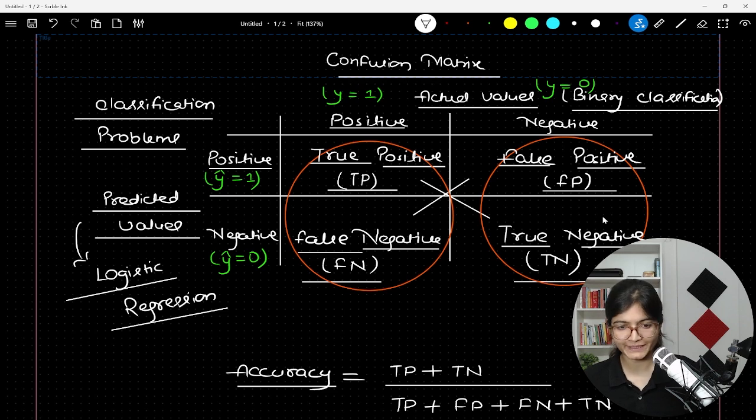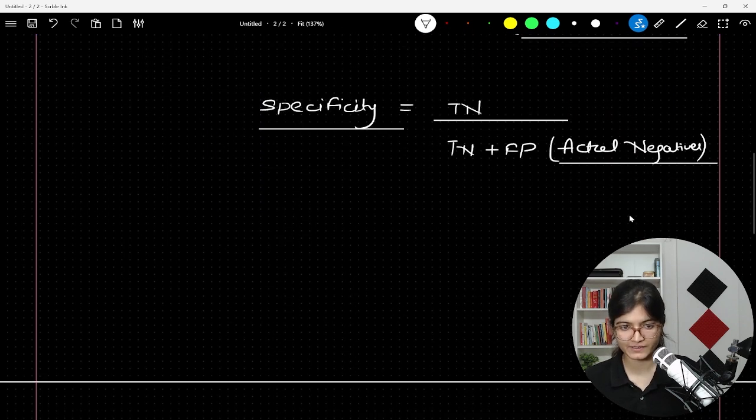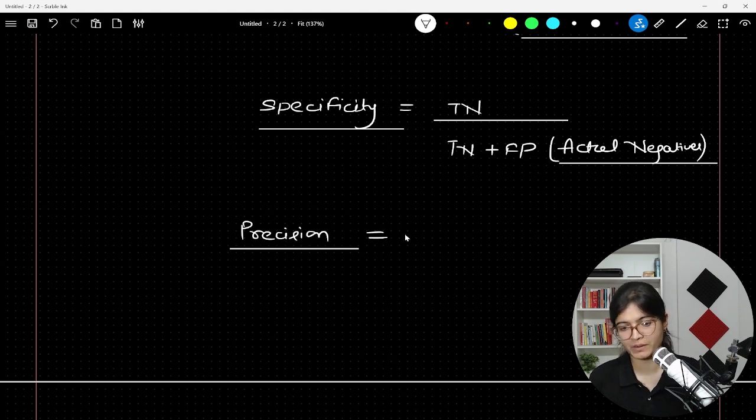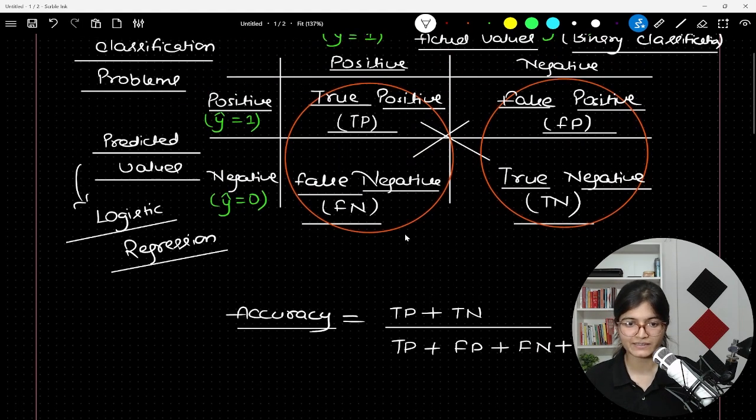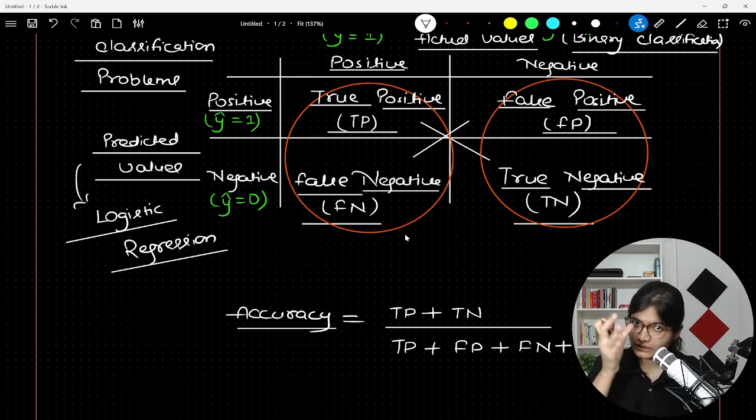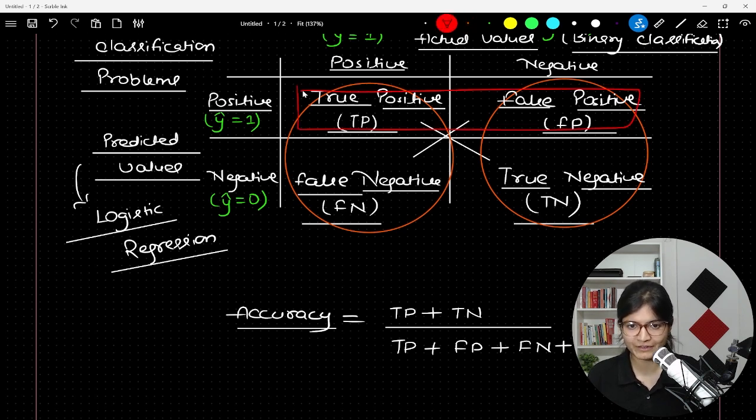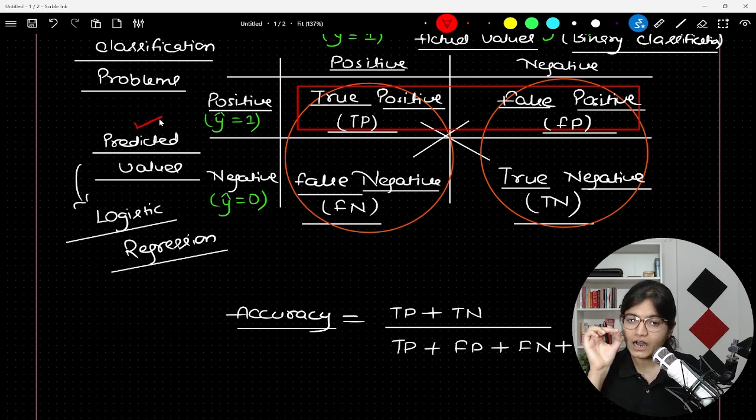Next important term that we have is precision. Apart from these three terms, precision is another evaluation metric in classification, which takes care of, out of total predicted positives, how many of them are actually true positives.